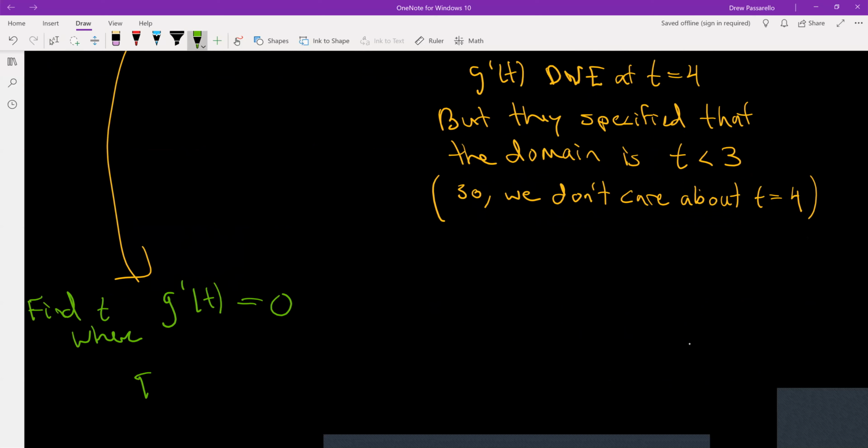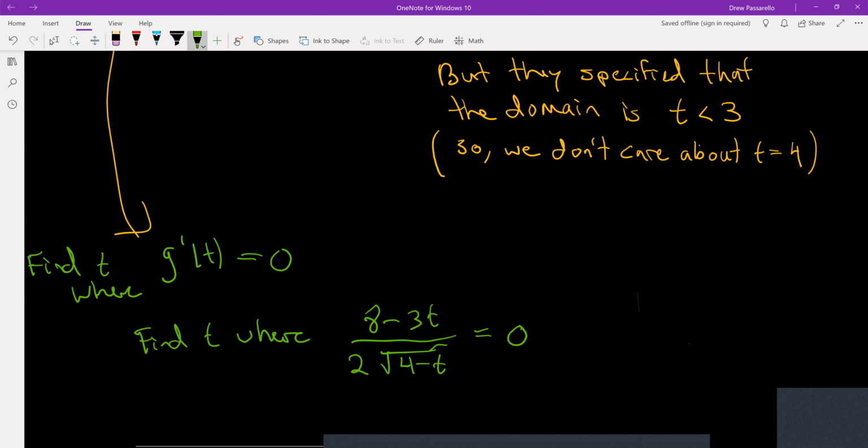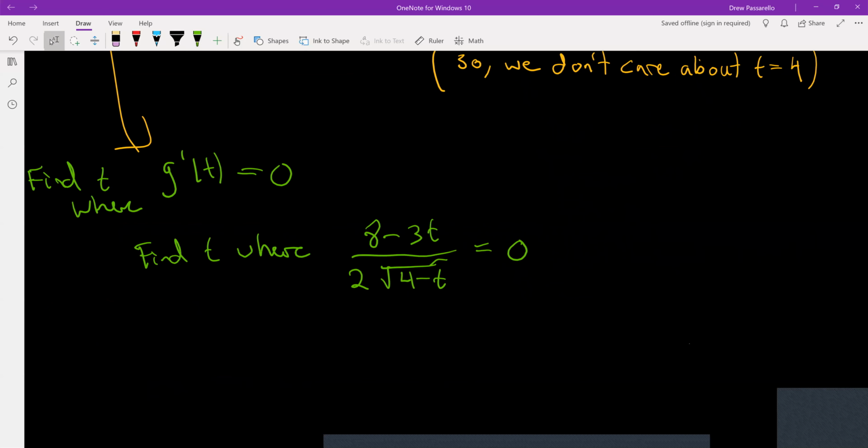All right, so I find t where g prime of t, well, g prime of t is 8 minus 3t over 2 square root of 4 minus t. I need to find t that makes this 0. All right, and we've already talked about the only time you get the denominator to be 0 is when t is 4, but that's excluded from our domain.